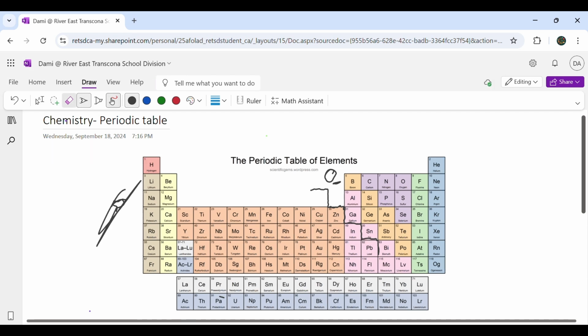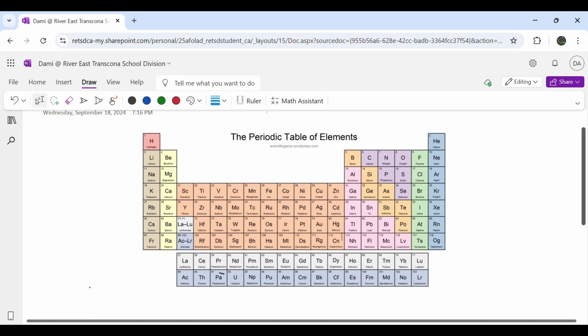As we can see, there are a bunch of elements, all different colors too, and we'll talk about each and every single one. Let's start with groups. Groups are vertical.